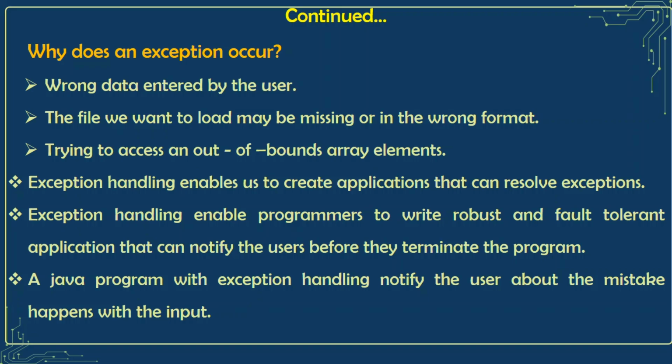Exception handling enables developers to write robust and fault-tolerant applications that can notify the user before they terminate the program. If we don't have any code that guards against the exception, the program will terminate or halt. But here, we're going to notify the user before the program terminates due to the exceptions. So a Java program with exception handling notifies the user about the mistake that happened with the input.